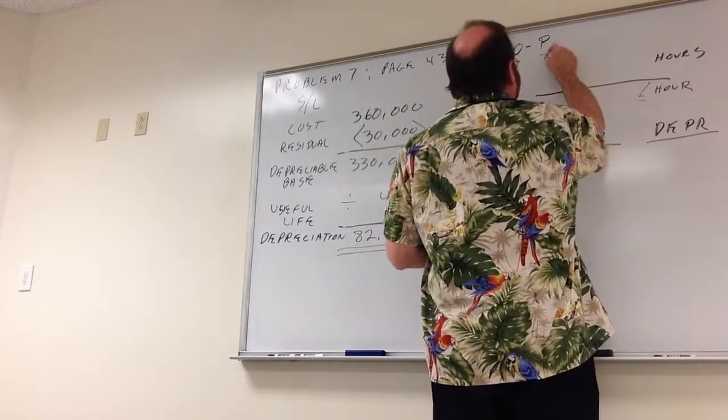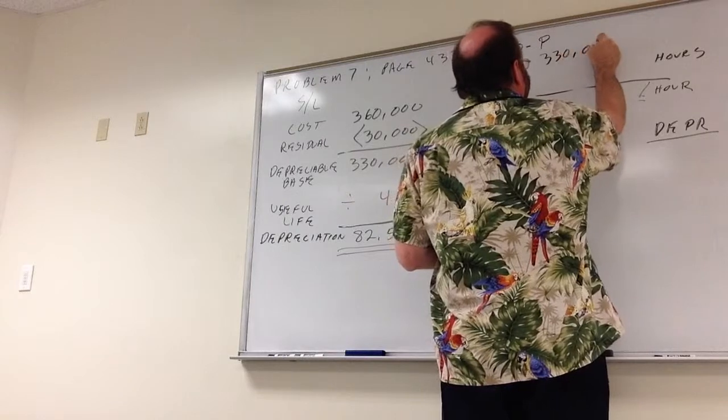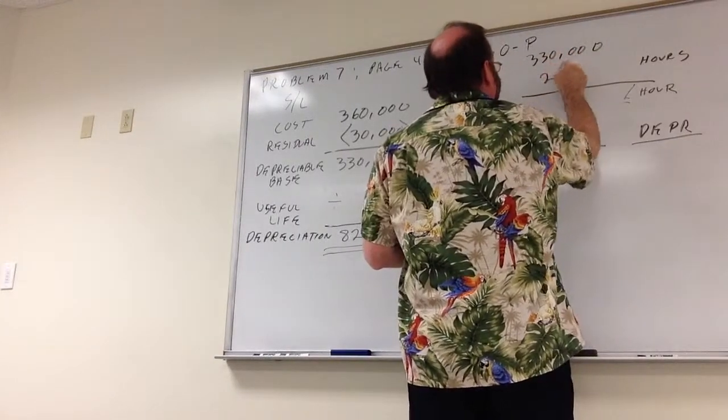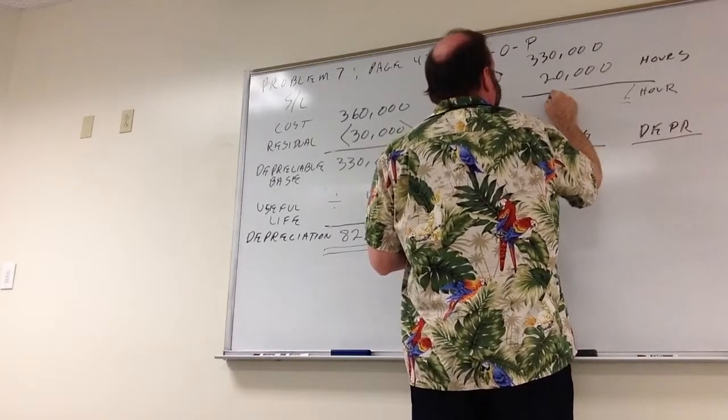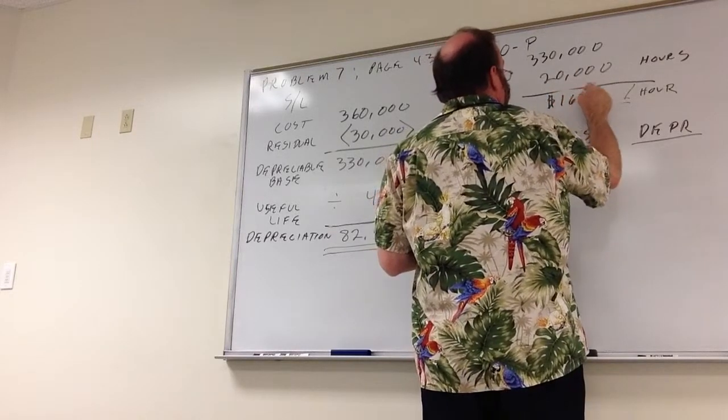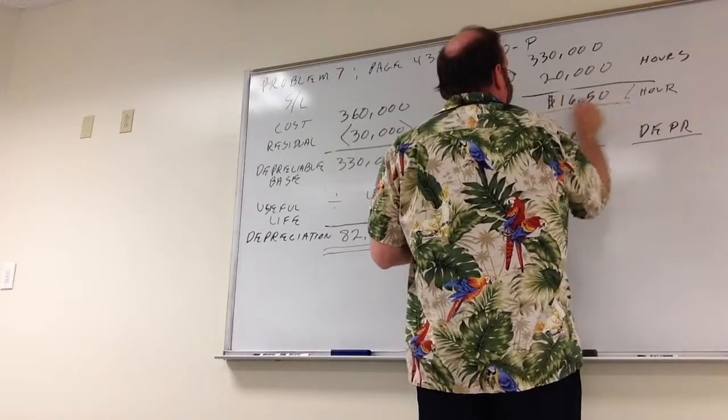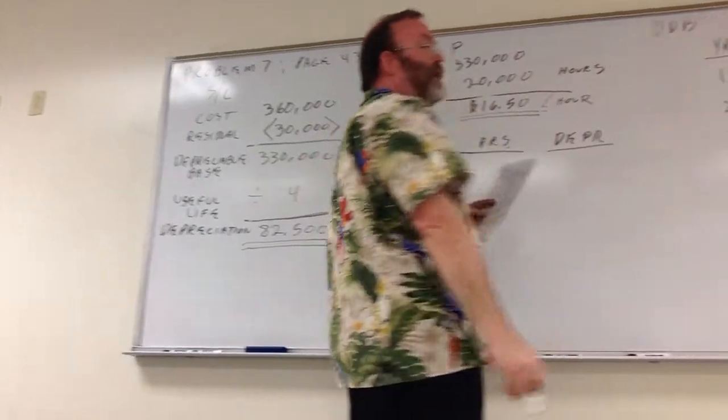Go back to our 330,000 depreciable base. 20,000 hours gives us a $16.50 per hour depreciation rate.